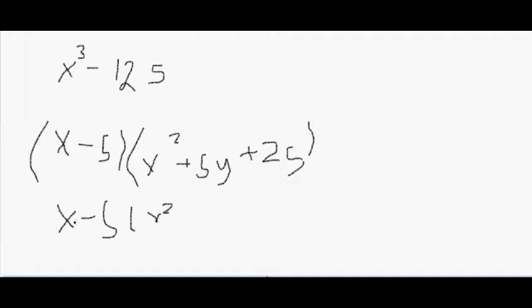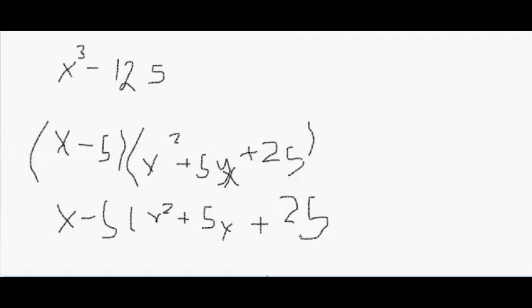The second term, we write the opposite of this, and we multiply x and 5 together. That's negative 5x, but because we write the opposite, it becomes plus 5x. Then we square the last term, and that becomes positive 25. That's how you go about doing it.